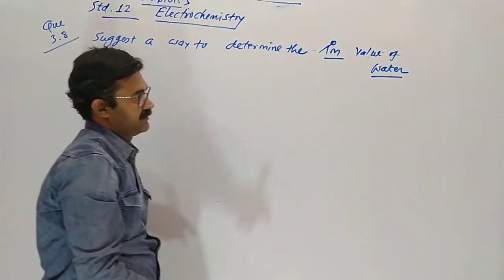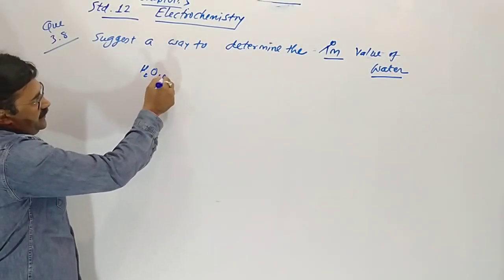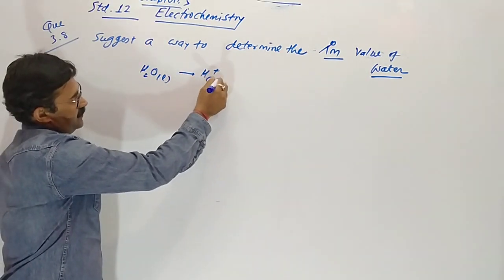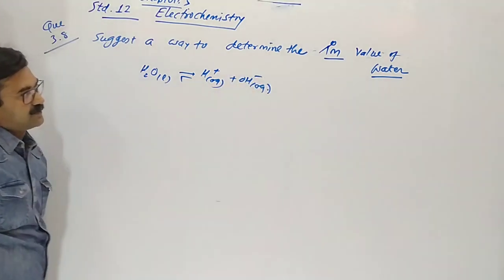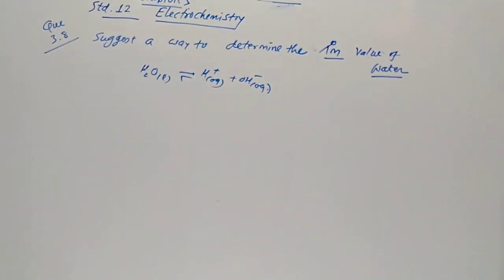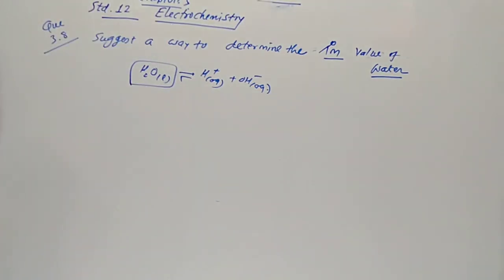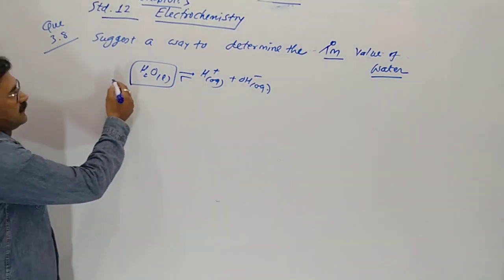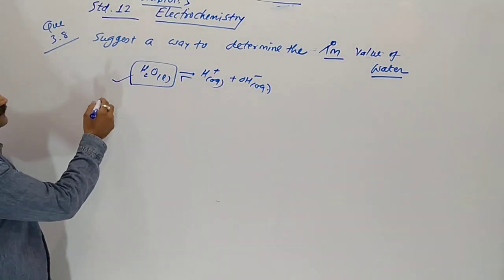Now listen and note down in your mind, water is not a strong electrolyte. Water is actually a weak electrolyte. Water possesses two ions, H plus and OH minus, but the ionization is very less, so very small amounts of H plus and OH minus ions occur. For such a dilute compound, we have to use Kohlrausch's law.